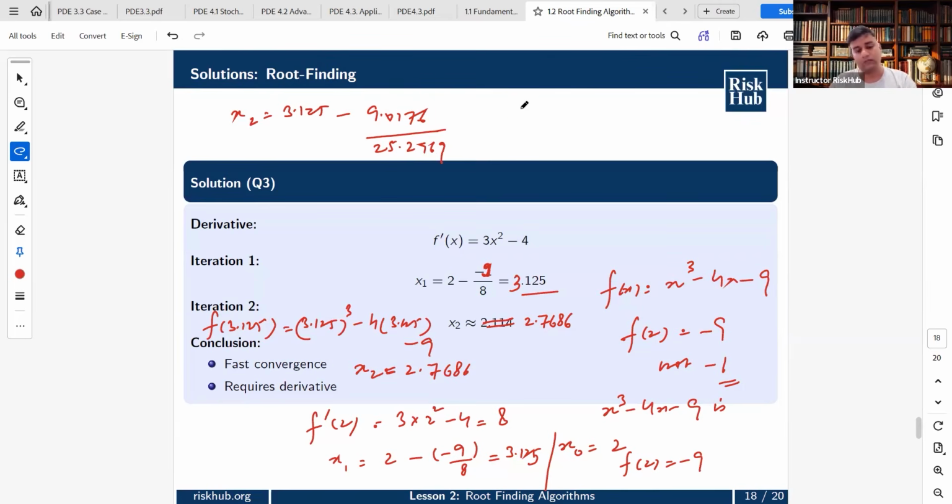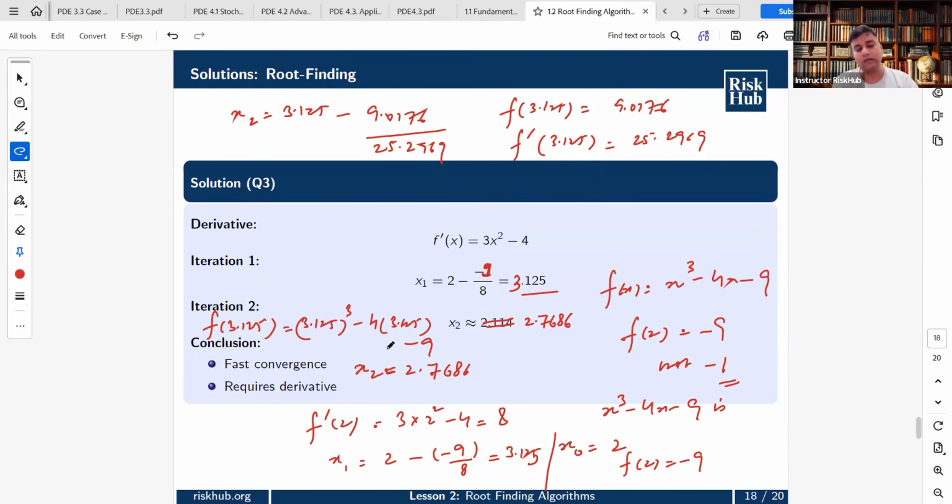Basically, when I put f of 3.125, I got 9.0176. When I did f dash of 3.125, I got 25.2969. So eventually, x2 we have found 2.7686.